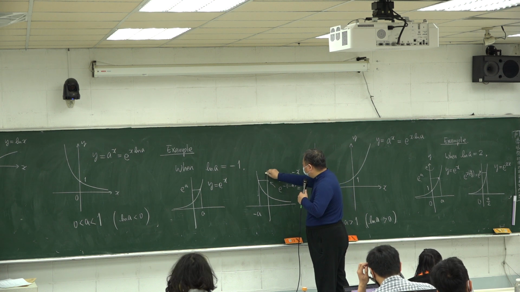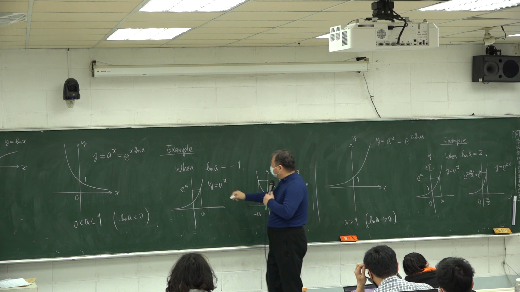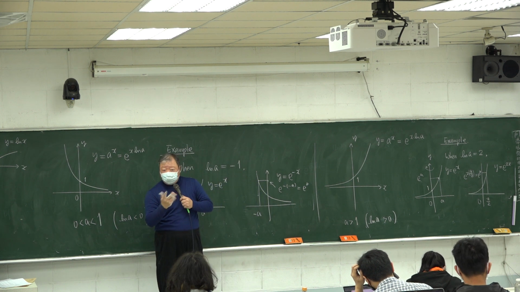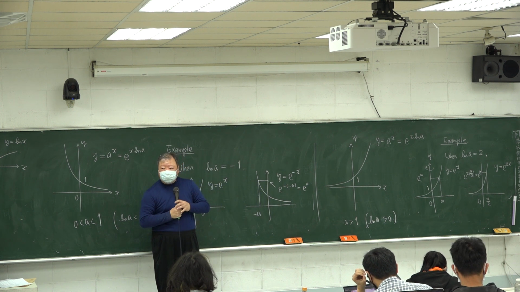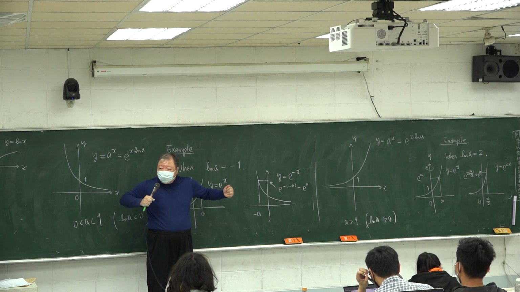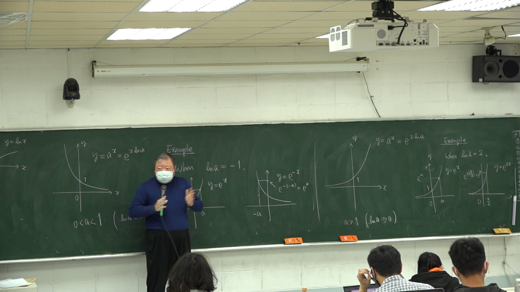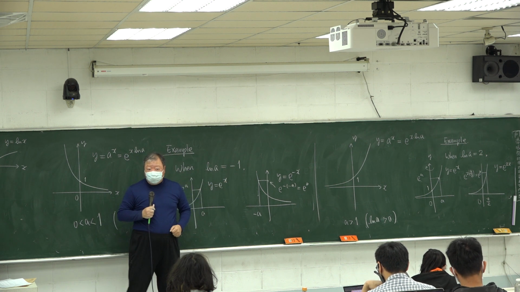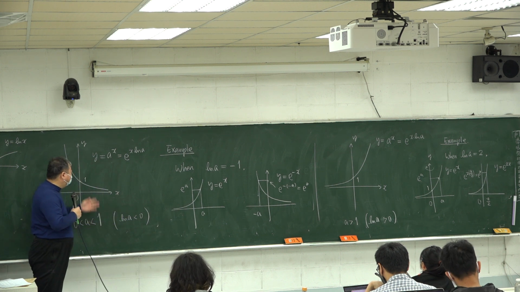So the graph of this one and this one are quite similar by reflecting, by a reflection about the y-axis. If this is not one, then a dilation or contraction about the y-axis.